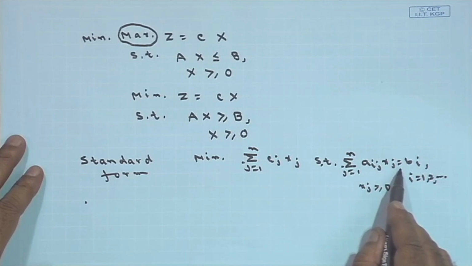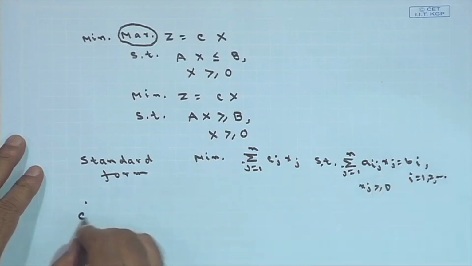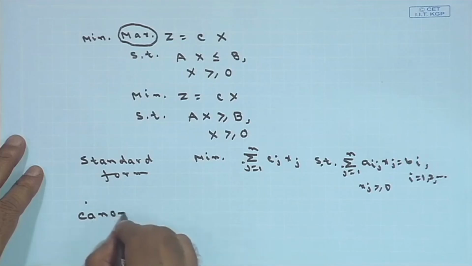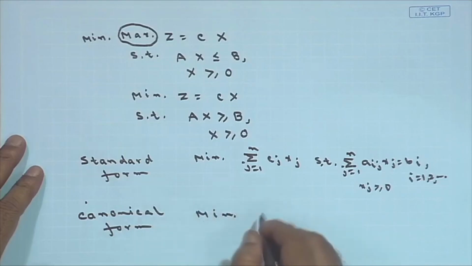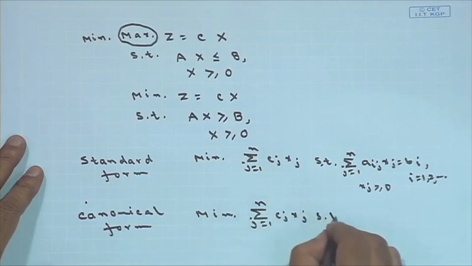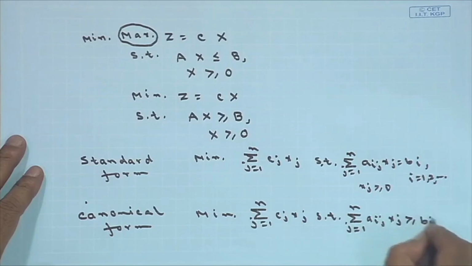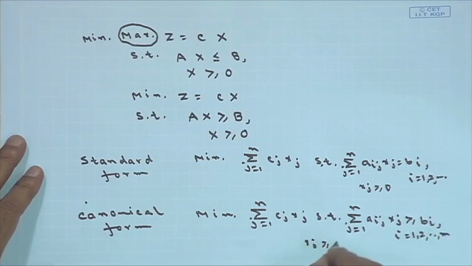In standard form, whenever I convert it, I may have inequality, but before solution I have to transform it into equality. And here I am writing the canonical form. In canonical form it is minimization I am writing, not maximization: Cj xj subject to summation j equals 1 to n Aij xj greater than equals Bi, again i taking values 1 to m, and xj greater than equals 0.